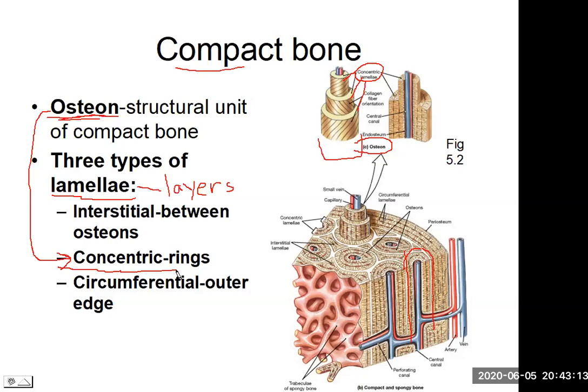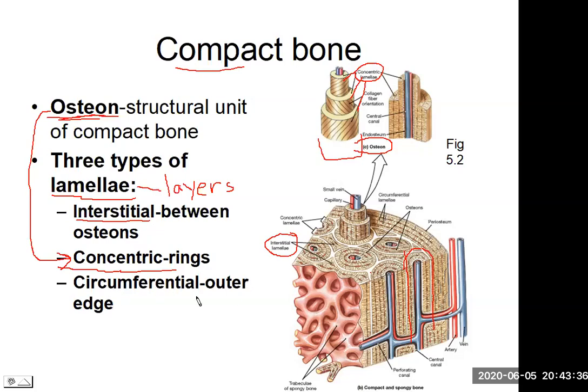So now compact bone is composed of multiple osteons, and filling in the spaces between osteons, the layering of bone matrix between osteons, that's what's described as the interstitial lamellae. So they'll take on whatever shapes necessary to fill in gaps between osteons.